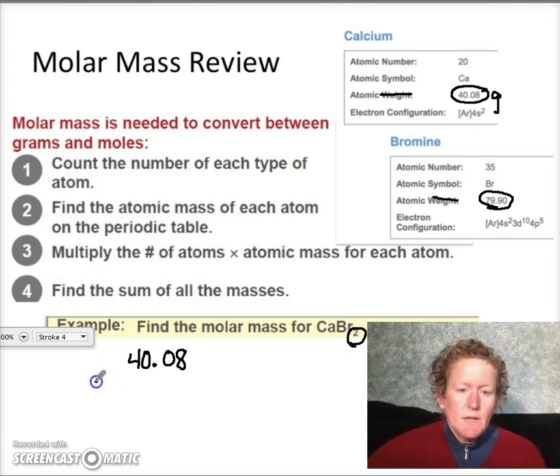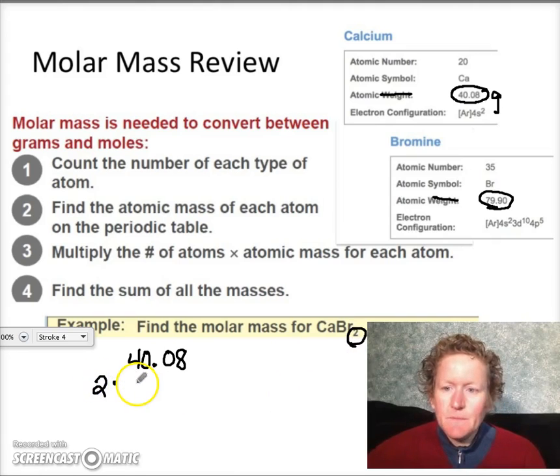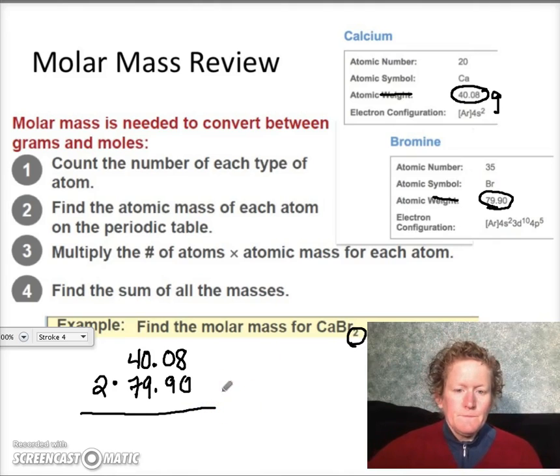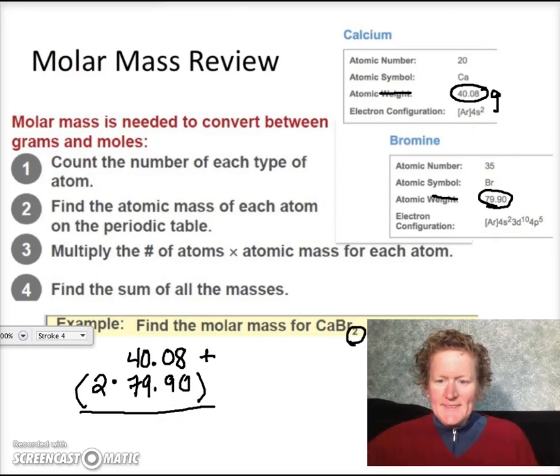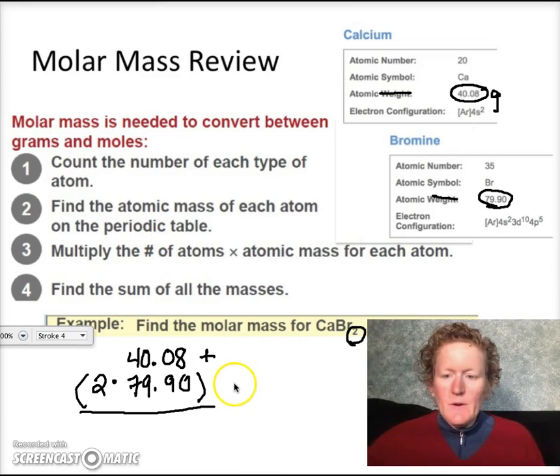We need 2 bromines. So 2 times 79.90. And you may want to multiply through here before you add, or you can just do it in your calculator and put a parentheses here. So when I'm working on my calculator here, 2 times 79.90 equals 159.8.